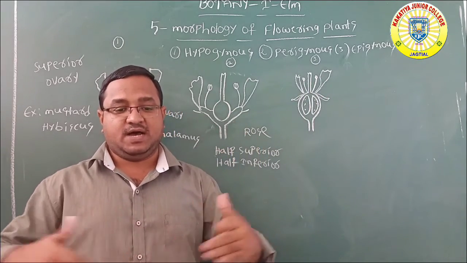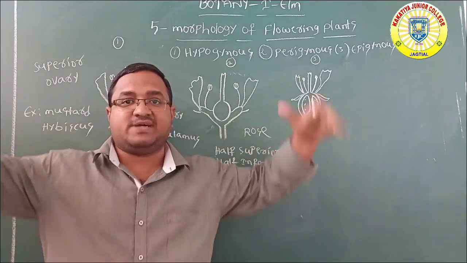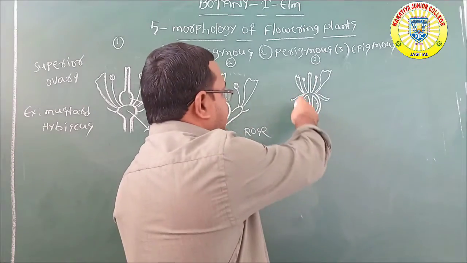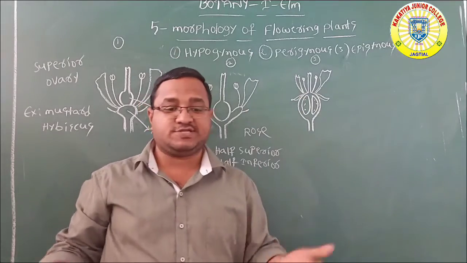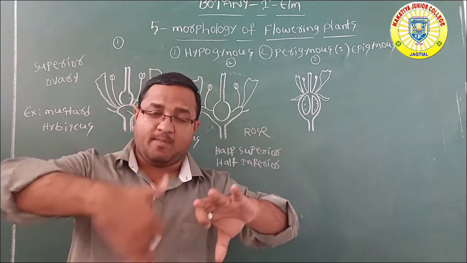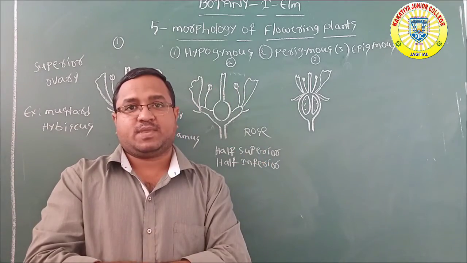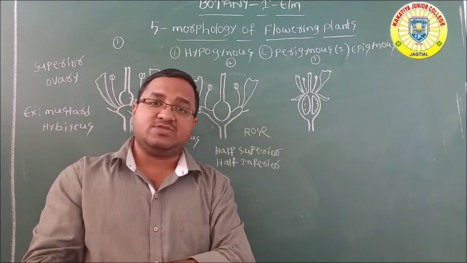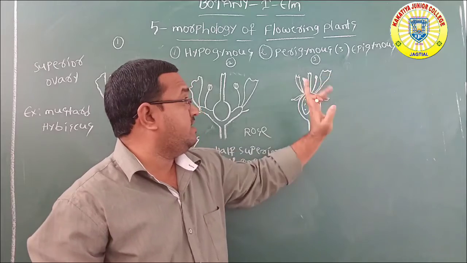Because here, especially the margin of the thalamus grows upwards, encloses the ovary and is completely united with the ovary. The remaining parts are arranged above the ovary.